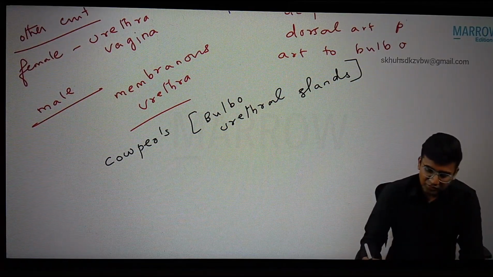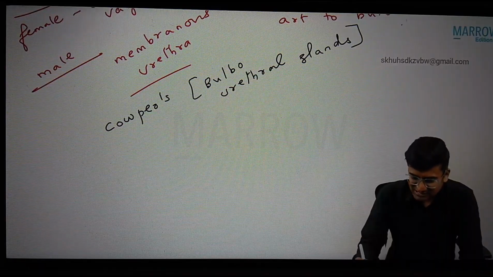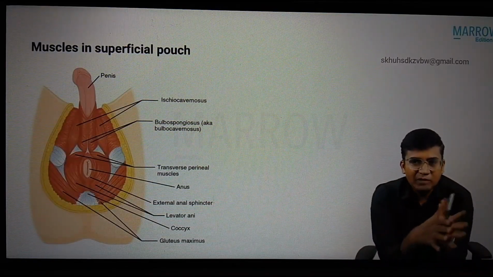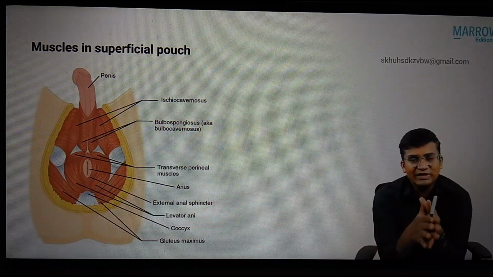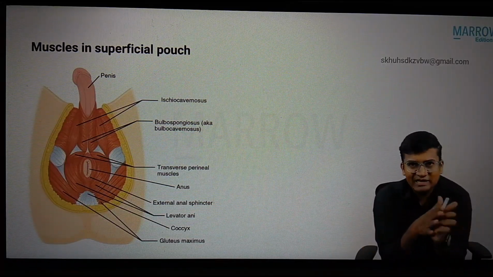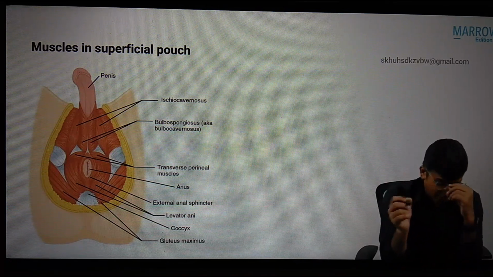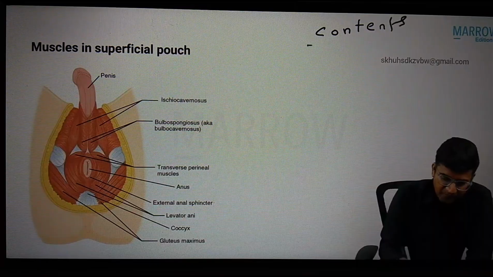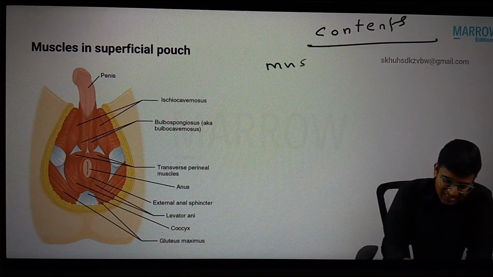Now, what are the contents of the superficial pouch? Boundaries we know already: above, the perineal membrane; below, the deep fascia of the perineum. In the front, the superficial perineal pouch communicates with the anterior abdominal wall. First, muscles.